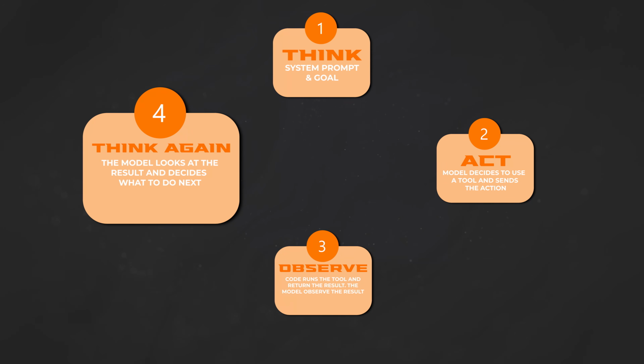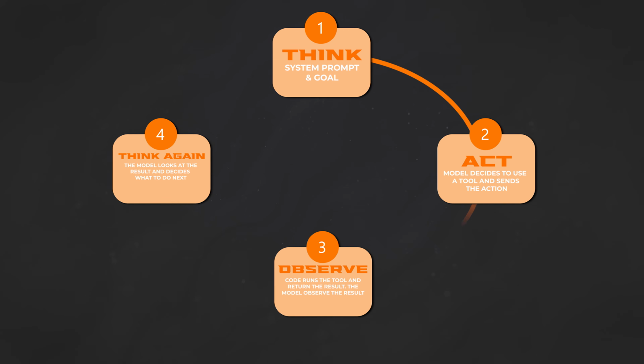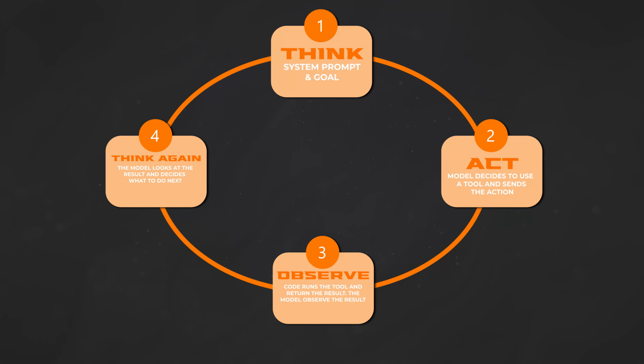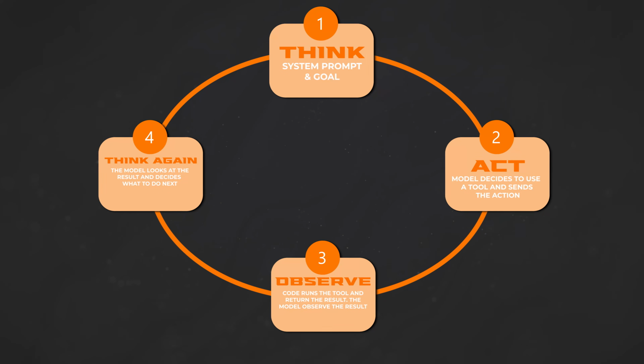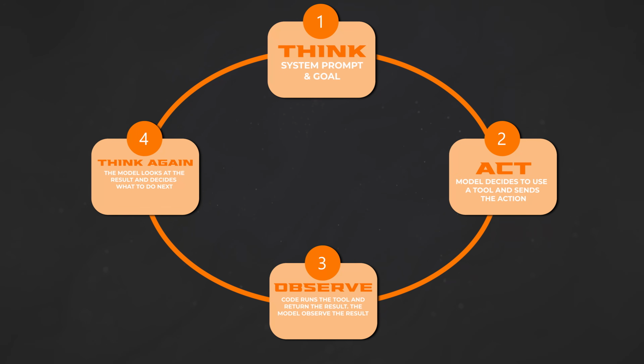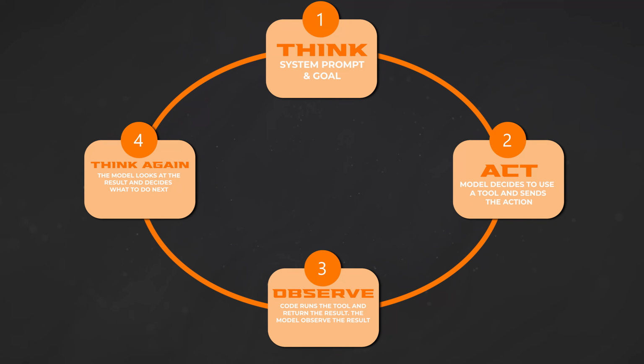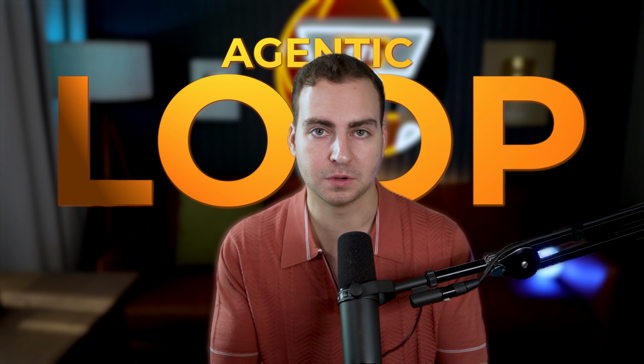It's kind of taking that decision on its own. And it will keep cycling like this where it's thinking, acting, observing the result, and then thinking, acting, and observing, until it eventually hits the goal. Now that's an agentic loop, okay? You have an LLM, you have tool calls, context, and then cycling until it finishes what the goal was.